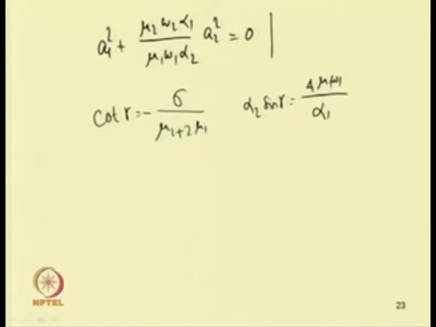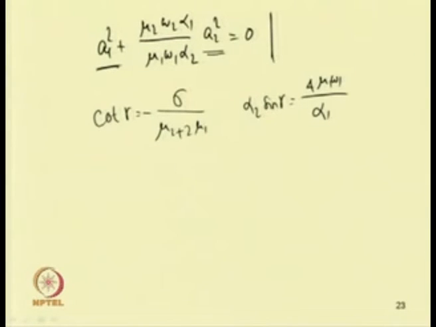In this case one can see that this equation does not depend on the phase, that is gamma, and here A 1 and A 2 are related. A 1 square plus mu 2 omega 2 alpha 1 by mu 1 omega 1 alpha 2 A 2 square equals 0, as mu 2 and omega 2 are positive numbers.